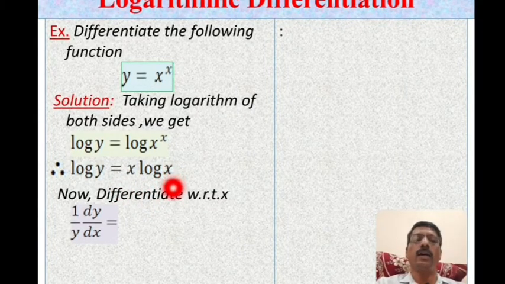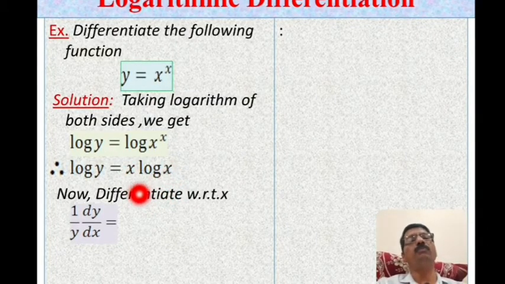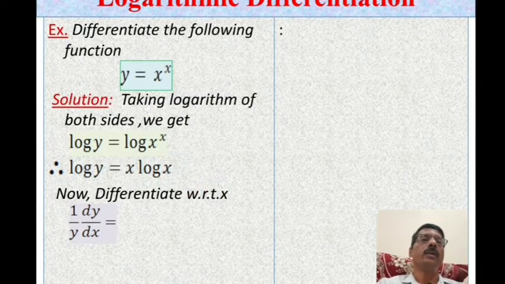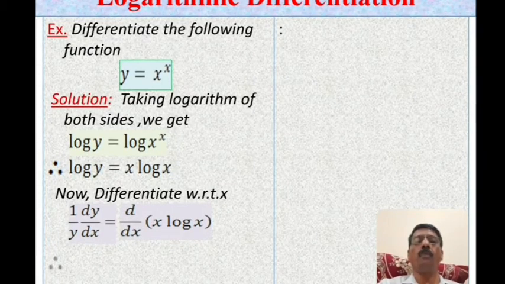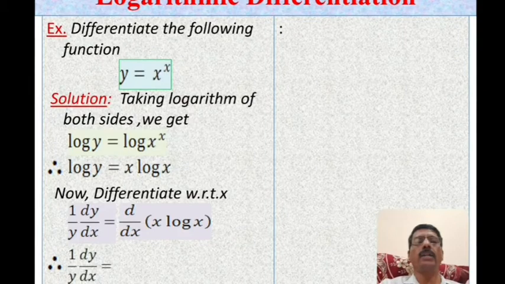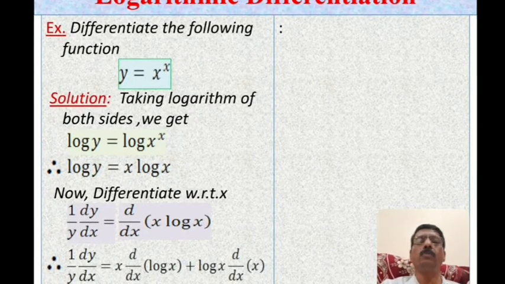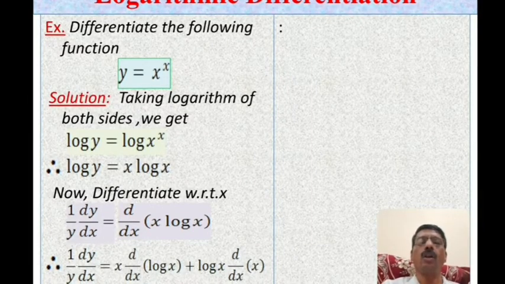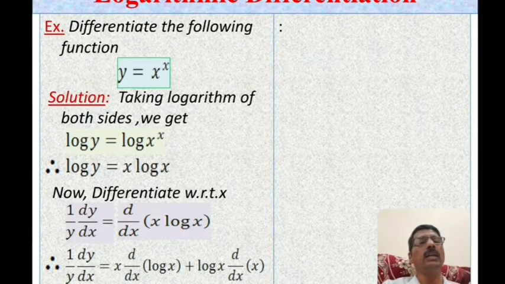Therefore we have to apply the product rule of differentiation, that is first function into derivative of second plus second function into derivative of first. Therefore 1 upon y dy by dx equal to, applying the product rule, first function x into d by dx of log of x plus second function log of x into d by dx of first function, that is x.